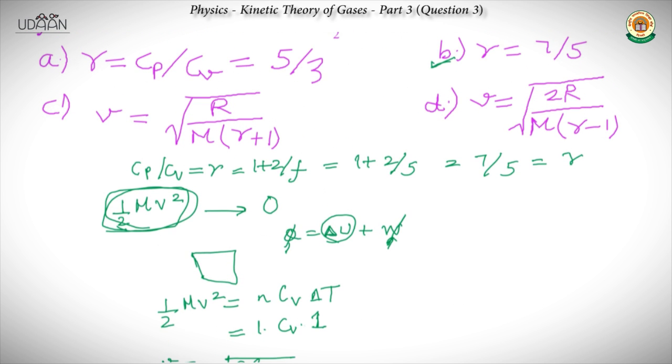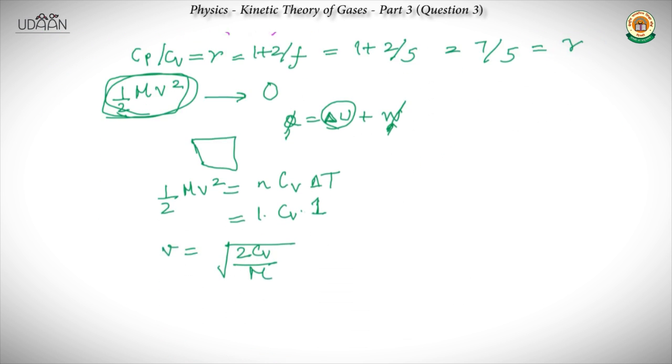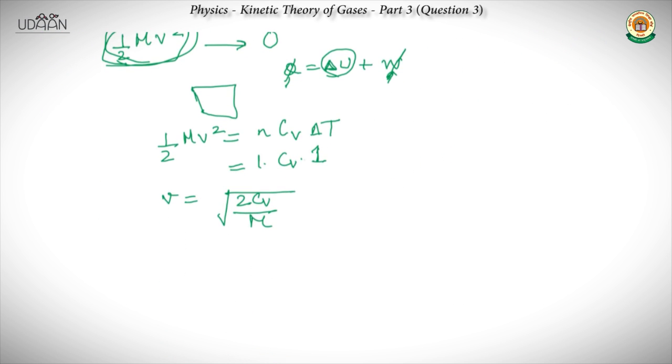Correct. Now see, we might stop here, but in the answer we do not have Cv. The answer is given in terms of gamma. So we can write down gamma in terms of Cv. Let's see how.